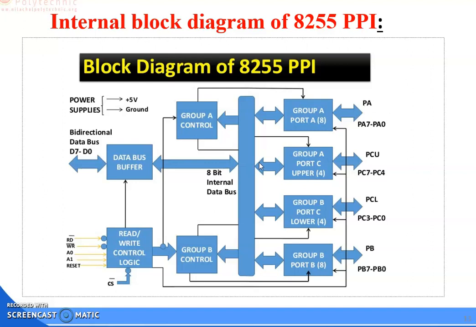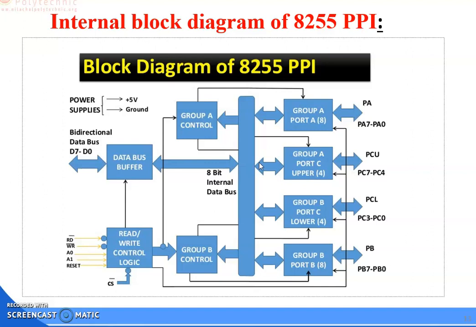Each port is of 8 bits. Port A means PA0 to PA7, port B means PB0 to PB7, and port C has two parts: lower means PC0 to PC3 and upper means PC4 to PC7.